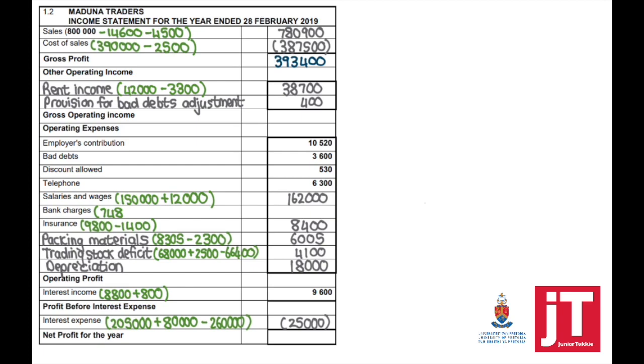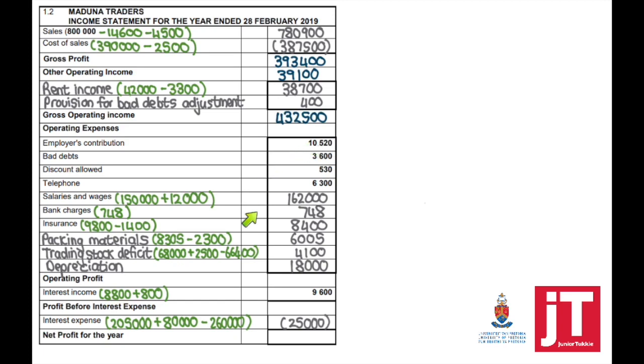Now we can calculate our total other operating income by adding everything which is in that block. Gross profit plus other operating income equals my gross operating income. If I look at my operating expenses, we still need to solve bank charges. There were no change to the bank charges, so it stays exactly the same.